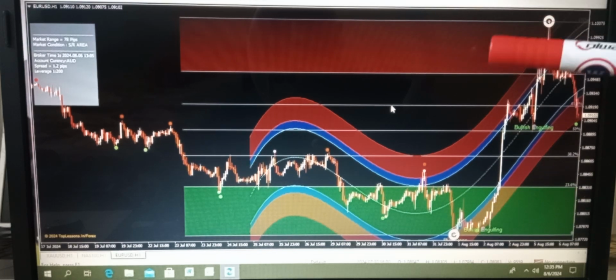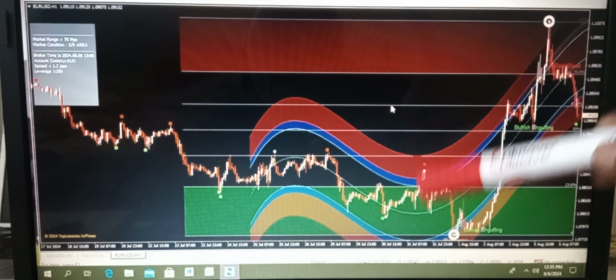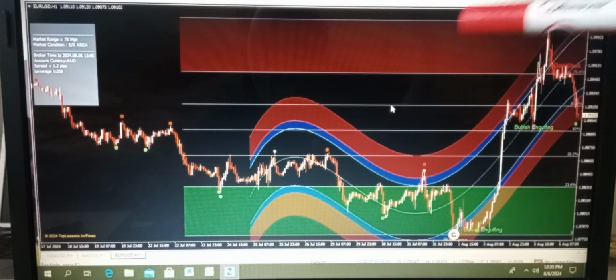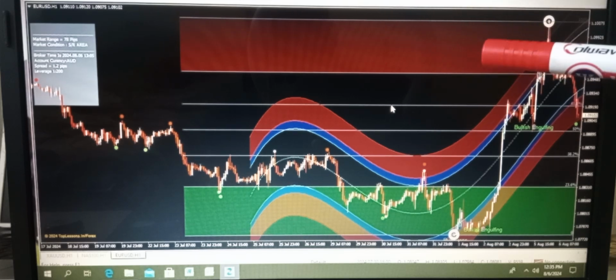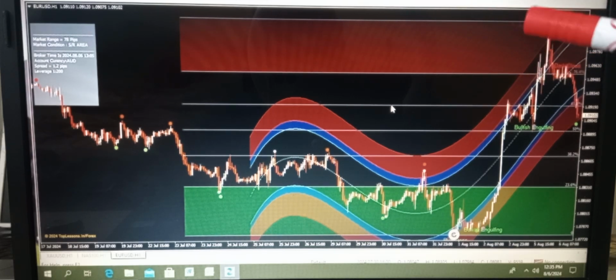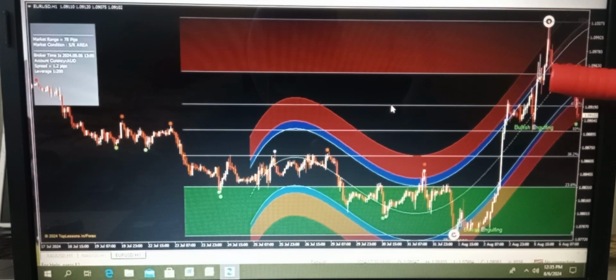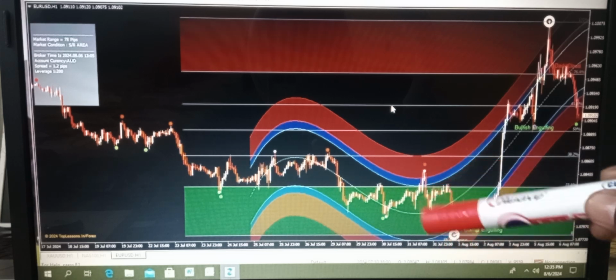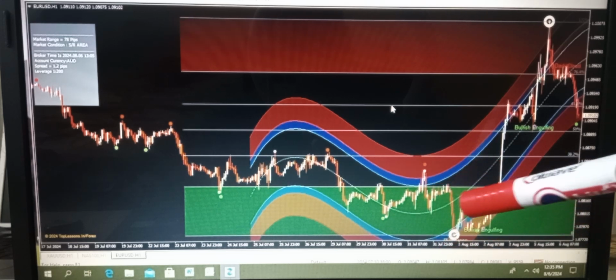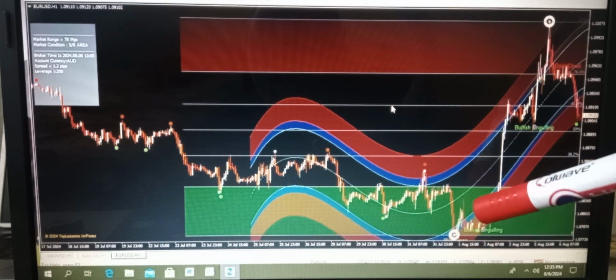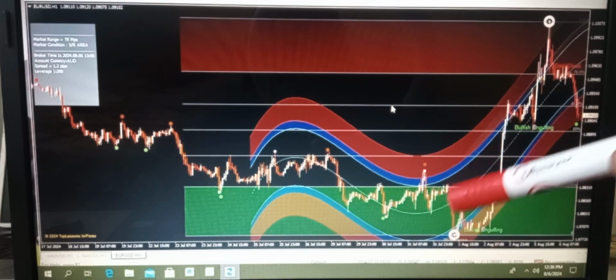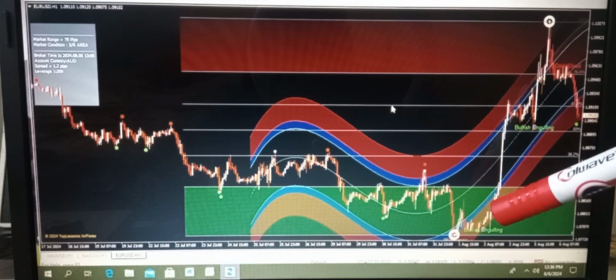Now, what do we do when the market comes to these levels? This is the representation of a resistance level, meaning that when the market reaches this level, there is a huge possibility that the market is going for a sell. And when the market reaches the green zone, which is our support level, there are high chances of bullish pressure, a buy level or buy entry.